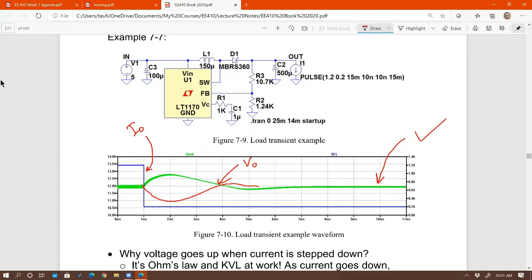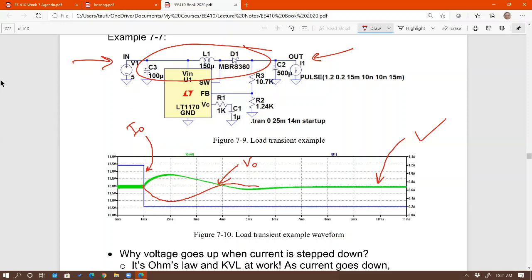In both cases, you are still supplying power, but why does the voltage go up first instead of going down first? So this has to do with Ohm's law, because between input and output, you have drops due to the non-idealities of those components.